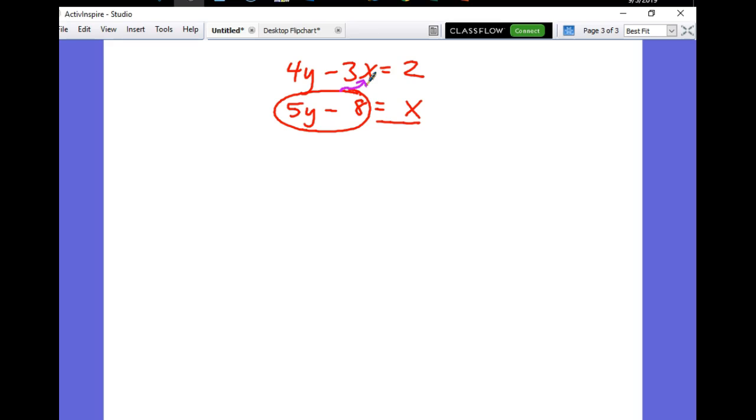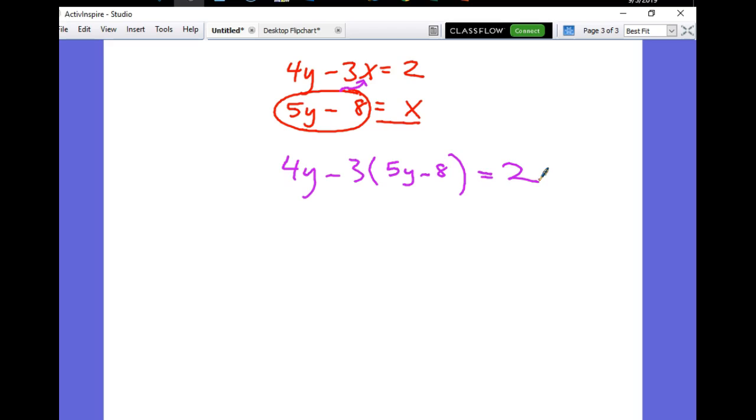So you go 4y minus 3x, and then you put parentheses and add the 5y minus 8. So you just rewrite this whole thing, but you take the x out and you put the circled part in. That makes more sense now.